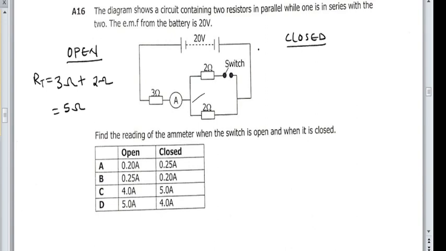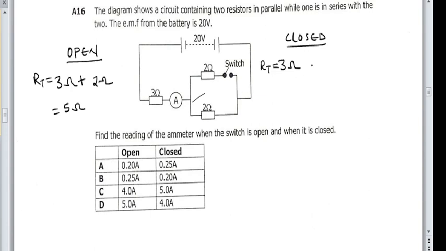Then what if it is closed? It means all these 3 will be effective. So the total resistance will be equal to the 3 ohms. Then we're also supposed to get the resistance for these that we have here in parallel.